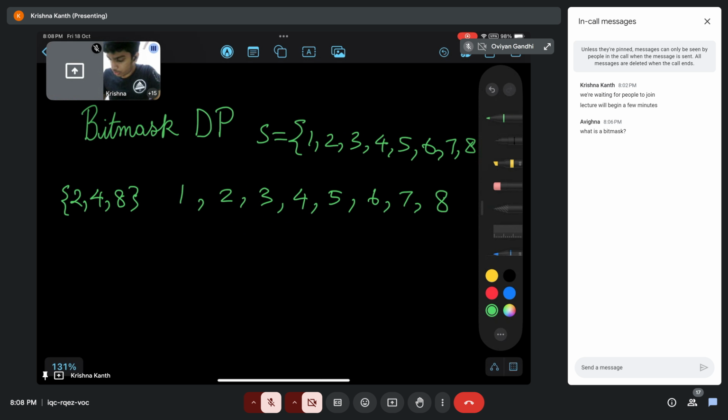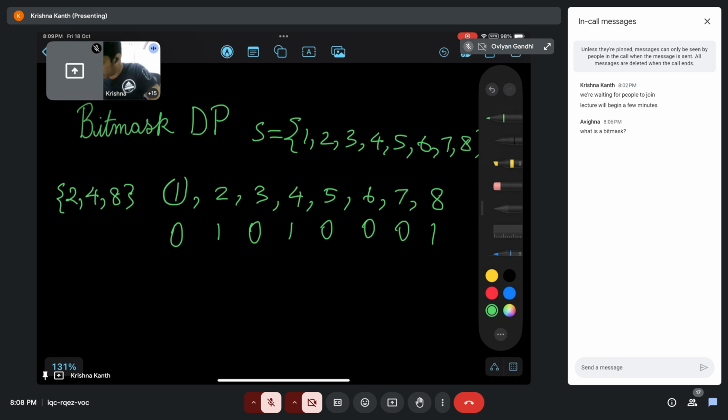So 1 is not in this subset, so it corresponds to a 0. 2 is present in the subset, so it corresponds to a 1. 3 is not there, so 0, and so on. So you can see that the number that this subset represents is whatever this number corresponds to in binary. So this number corresponds to the sum of these.